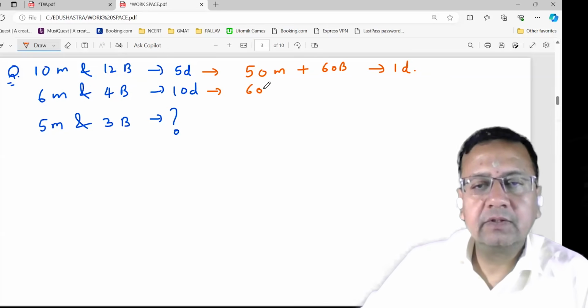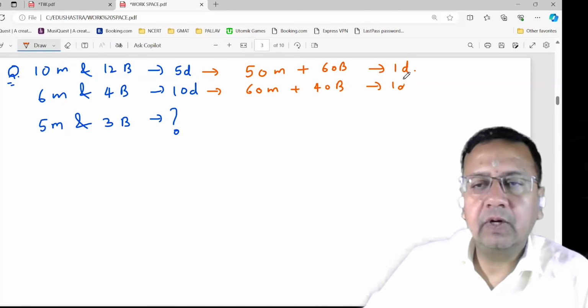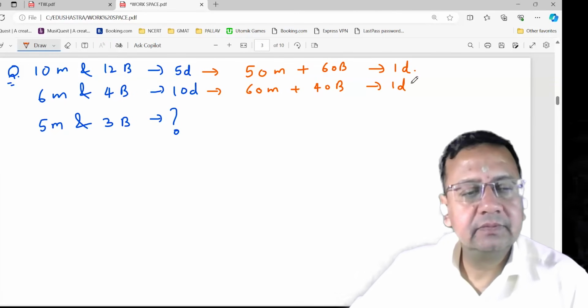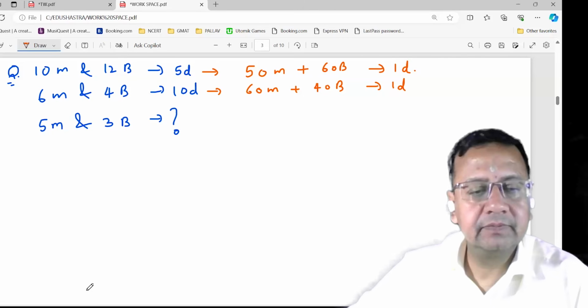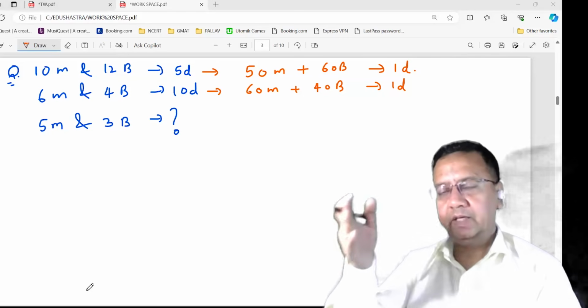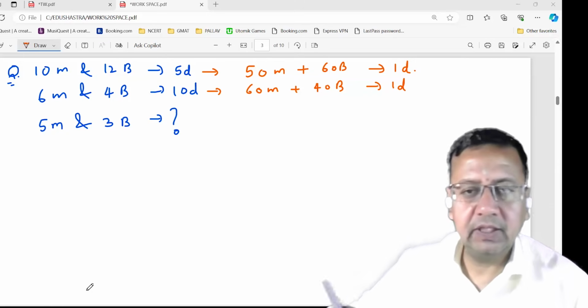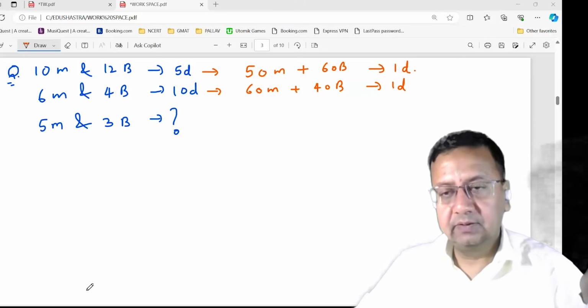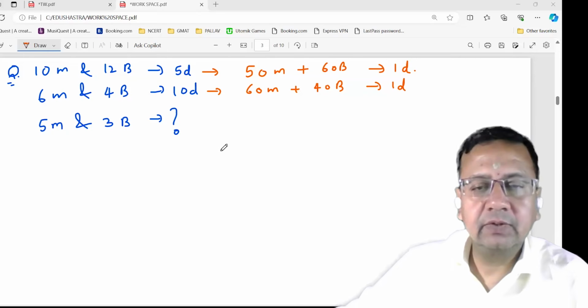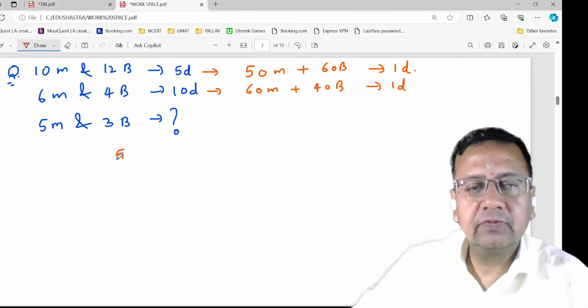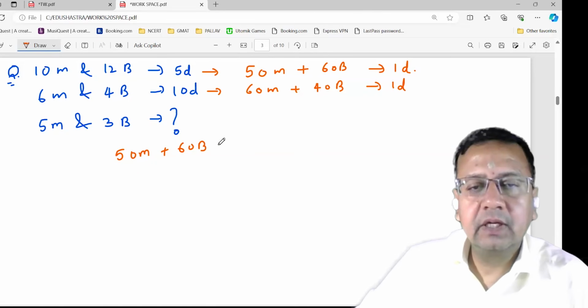So 60 men plus 40 boys are working a work in 1 day. Right? So now the right part, 1 day and 1 day, is the same for both the equations. So the left part can be equated, right? So if you're equating, 50 men plus 60 boys is equal to 60 men plus 40 boys.